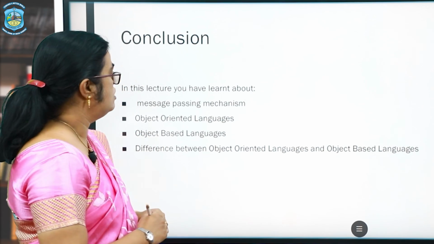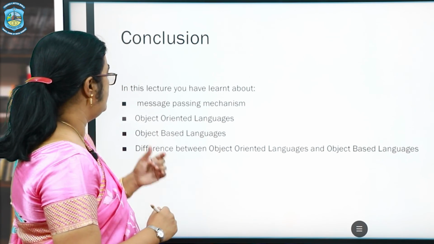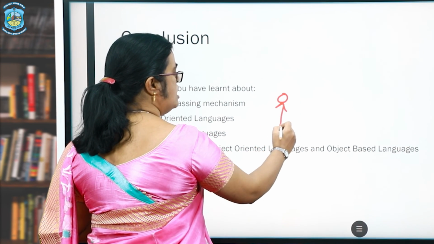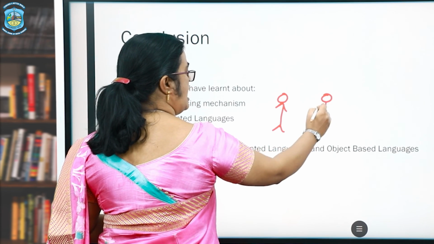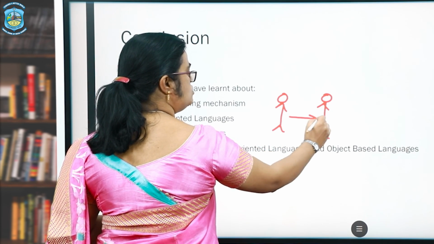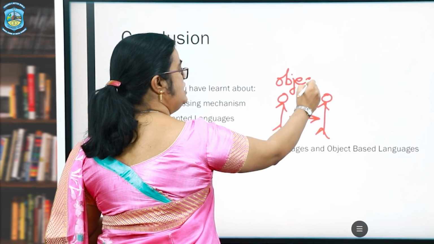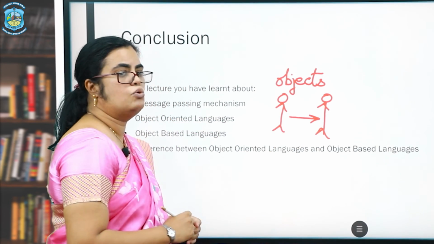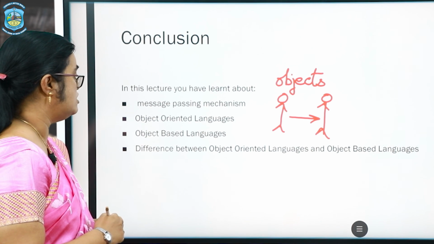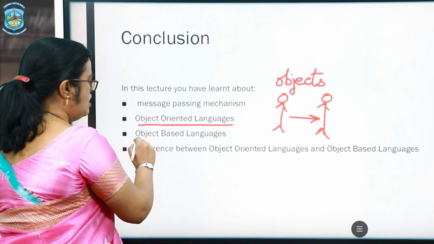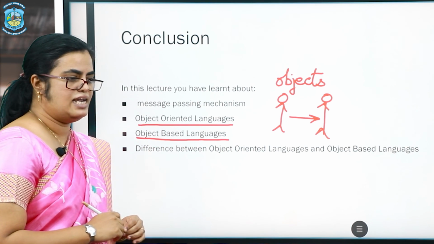To once more give you a clear understanding, message passing is basically passing of messages between two entities, and in programming, these two entities can be referred to as objects. We have seen how the objects communicate with each other. We have seen examples of object-oriented languages and also object-based languages.